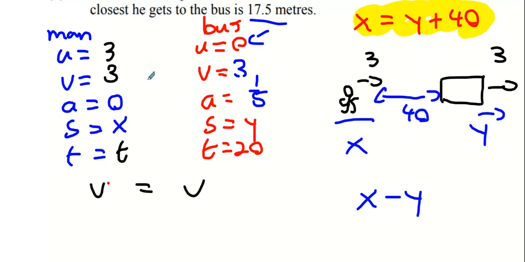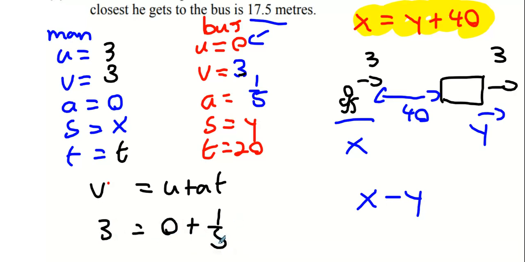What formula do you want to use for the first one? I have an idea. Let's use v equals u plus at. And what's the v value here? The u value? 0. The a value? 1/5.